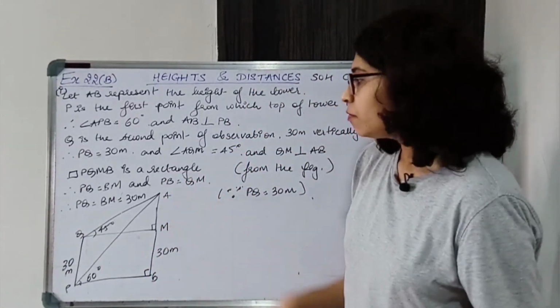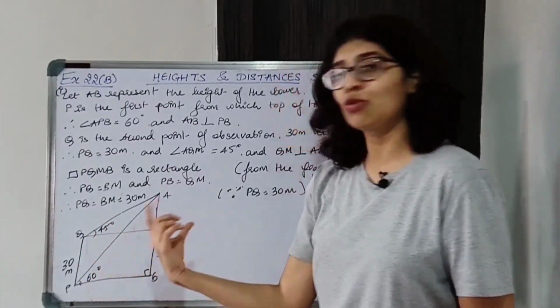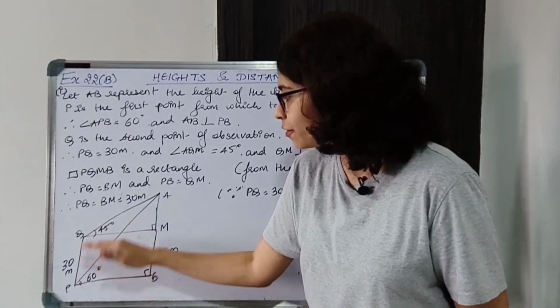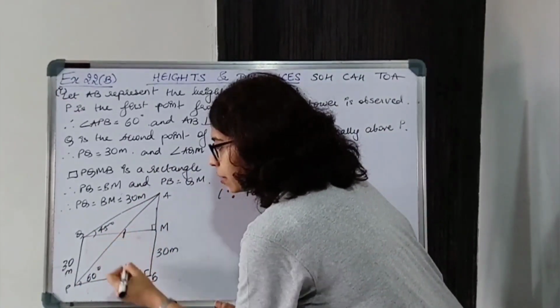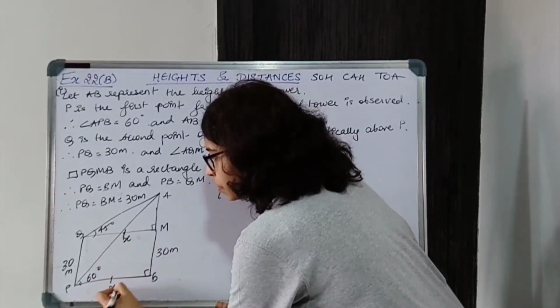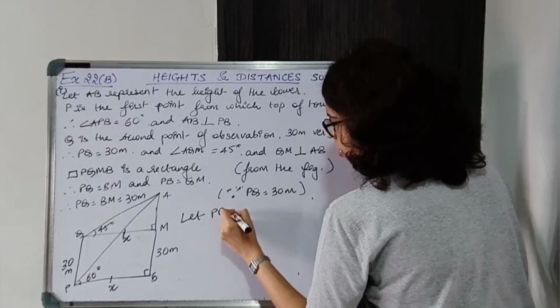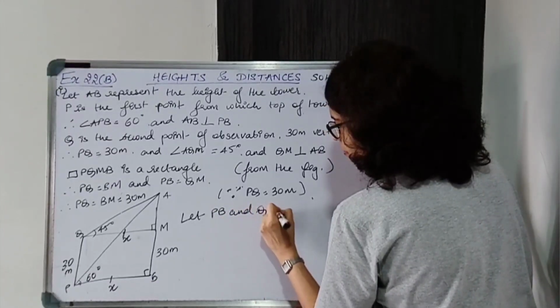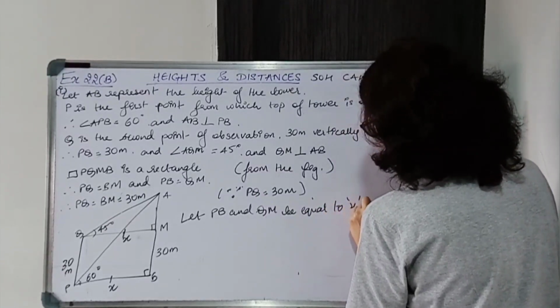Now for AM we need QM and PB both. So QM and PB we know they are opposite sides of the rectangle, so they are equal. ये side और ये side equal है. So we are assuming both to be x. So let PB and QM be equal to x meters.